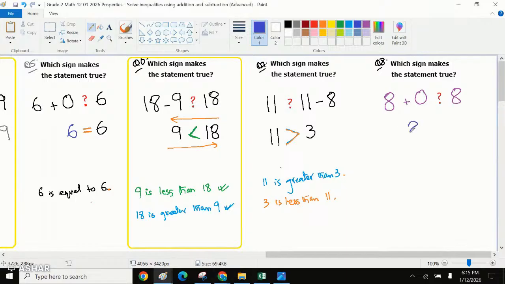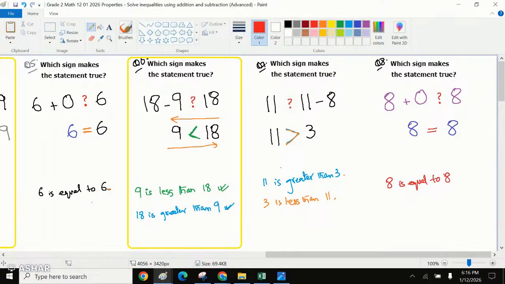So this side is 8 and this side is 8, right? So when the left side is 8 and the right side is also 8, can we say that they are equal? 8 is equal to 8.